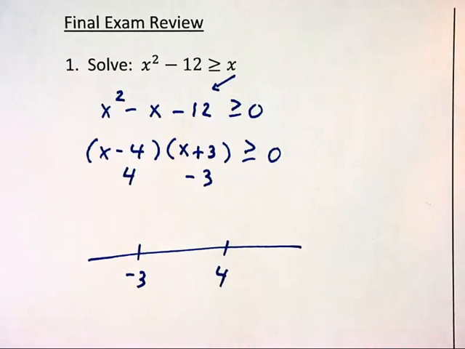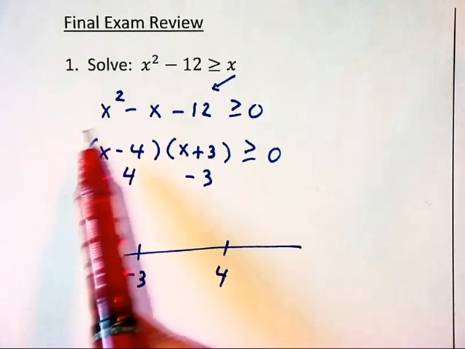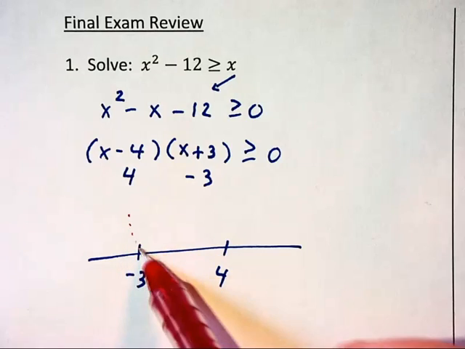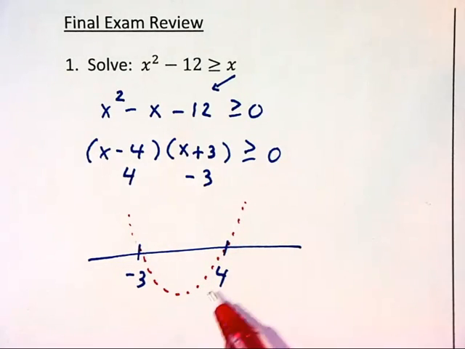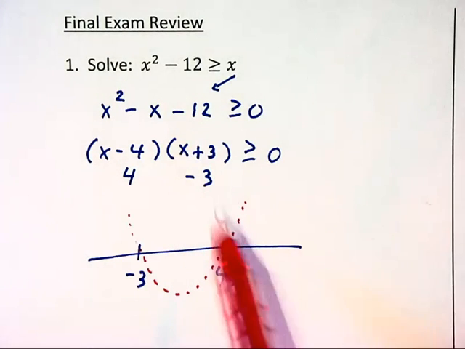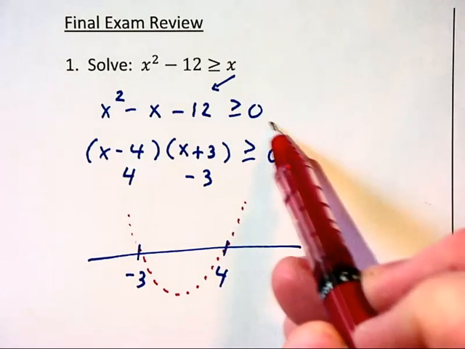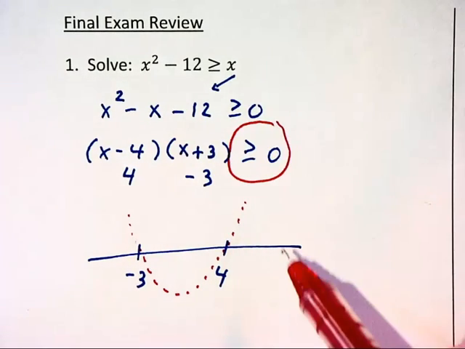Now, we're going to pretend that there's a parabola involved here, y equals x squared, and it would be a parabola opening upward because of the positive x squared. There really isn't a parabola there because there is no y in this. But if there were, we'd be asking where is it at or above the number line?